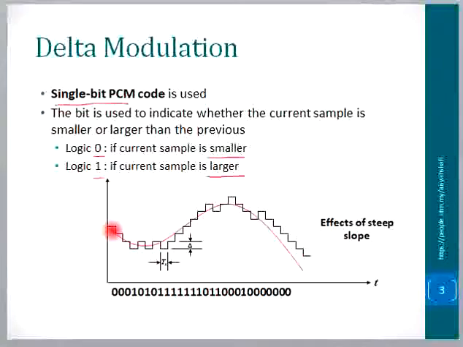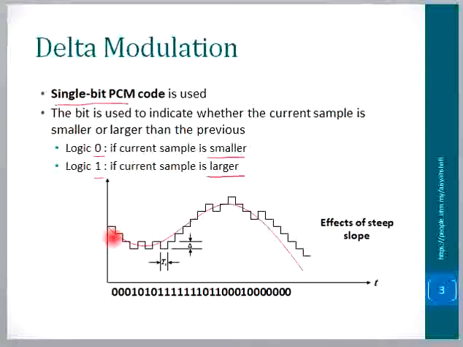For example, here it's 0 because the current is smaller than the previous. This one also 0.